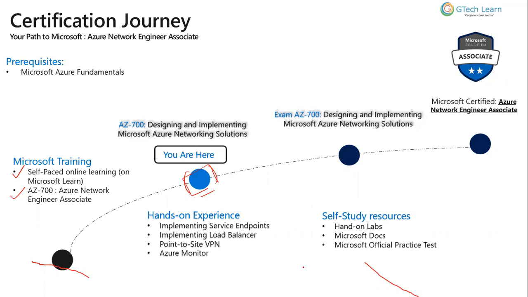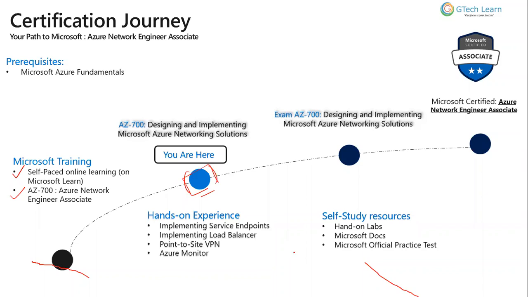Apart from that, once you are done with the training for AZ-700, what hands-on experience should be expected? As we all know, by the name, this certification exam is totally dedicated to Azure networking.